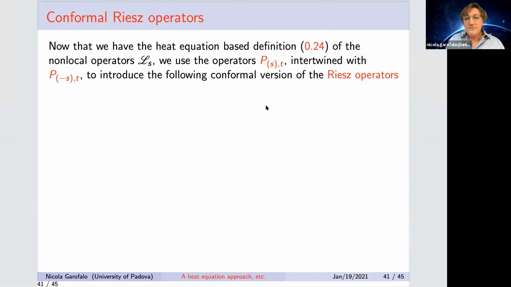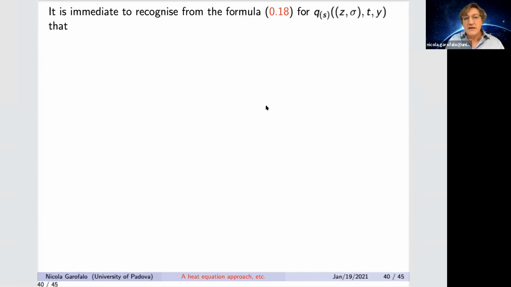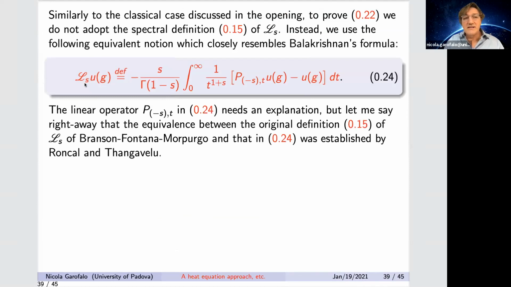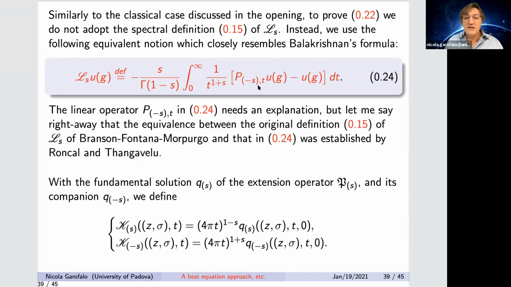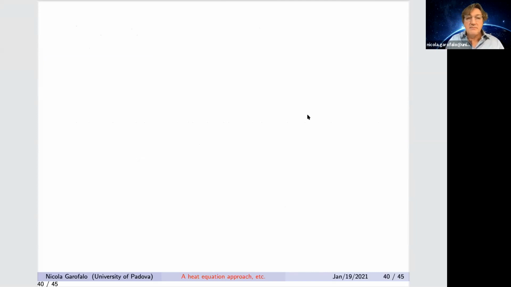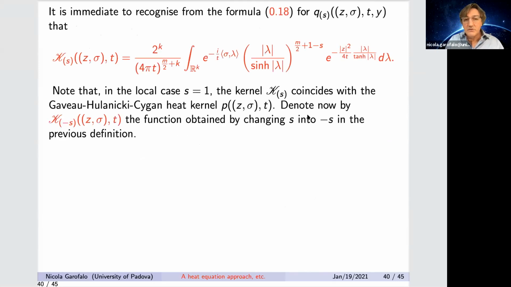Remember, the whole thing now is that I haven't told you what L_s is. For us, L_s is going to be an analogue of the Balakrishnan formula, where now the heat semigroup has been replaced by this object. And in order to go into the guts of this object, one has to look carefully at these extension problems. I don't have any time to go into this.